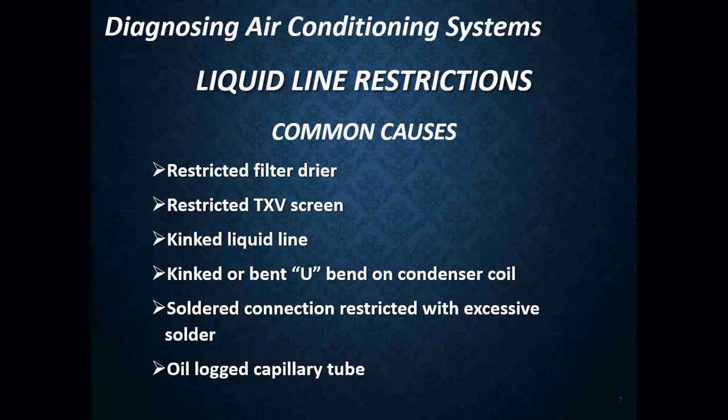You're not getting the refrigerant back to the compressor because the evaporator simply cannot absorb the correct amount of heat that is being rejected by the condenser. So it's almost being overworked. It just doesn't have enough refrigerant in there to begin with to do what it needs to do.